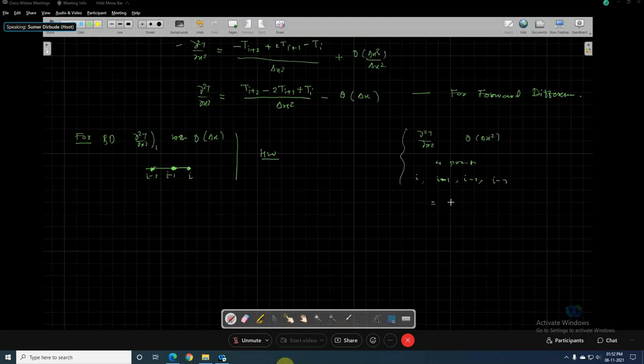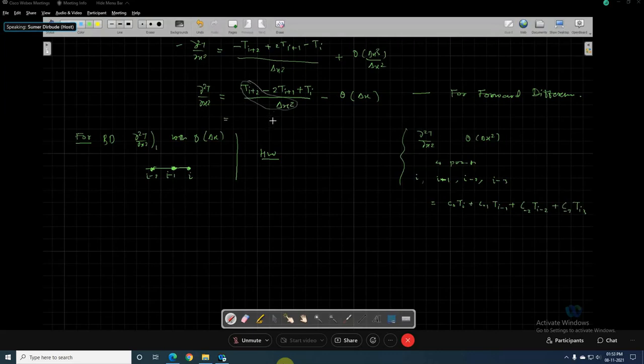It will have a form like C naught Ti plus C minus 1 Ti minus 1 plus C minus 2 Ti minus 2 plus C minus 3 Ti minus 3. This is also of that form. If you see, this Ti plus 2 is nothing but a coefficient, isn't it?